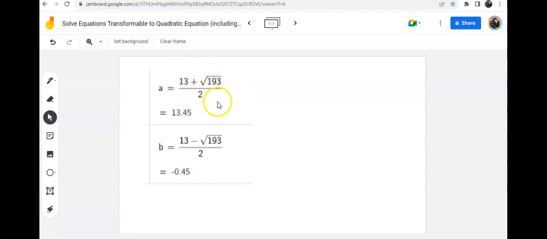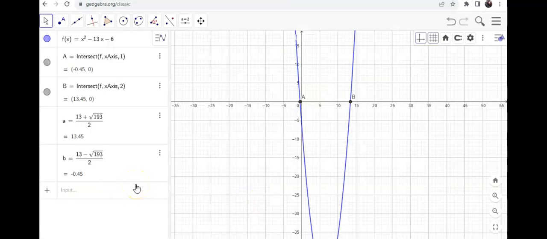This is an irrational number. So x1, or root number 1, is approximately equal to 13.45. And the second root is 13 minus the square root of 193, over 2, which is approximately equal to negative 0.45.